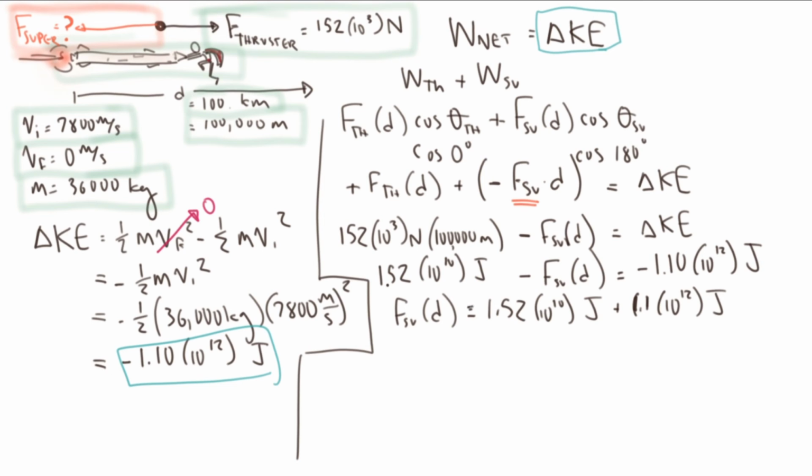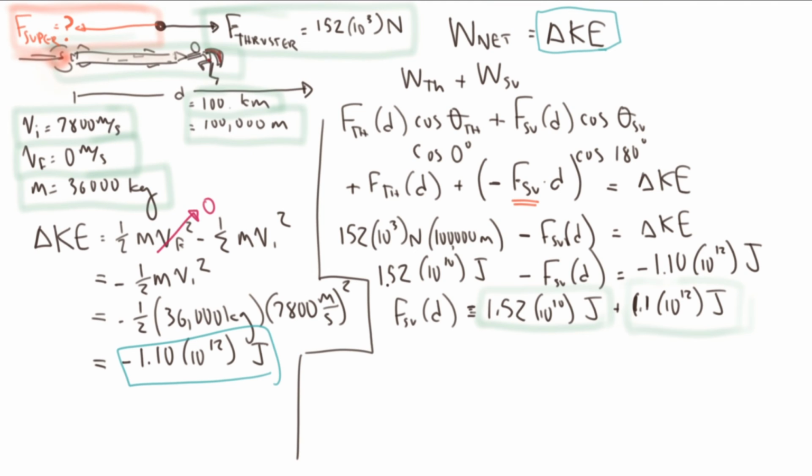So basically what this part of the equation is saying is that Superman needs to exert a force over a distance that accounts for the fact that we need to get rid of the amount of energy that gets added by the thruster over that distance. And then he also needs to get rid of an amount equal to the kinetic energy that that rocket started with. So both of those amounts of energy he needs to get rid of in order to bring the rocket to rest.